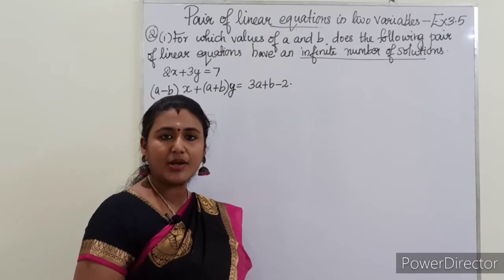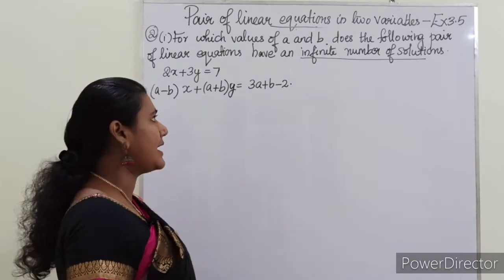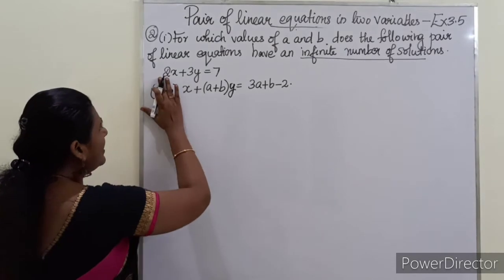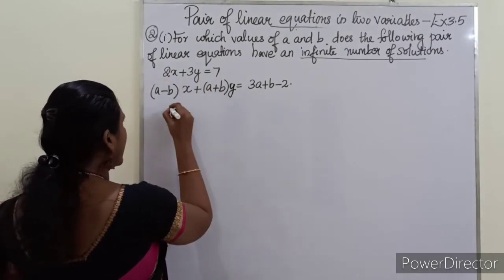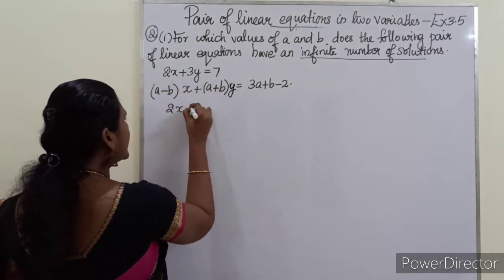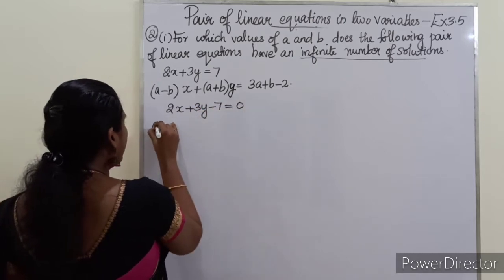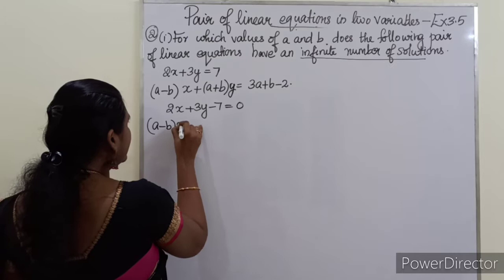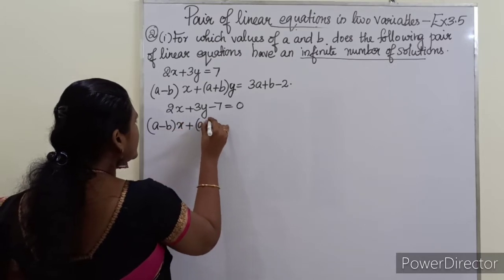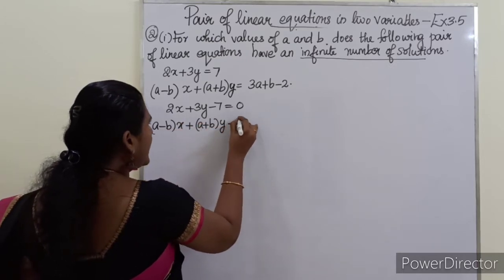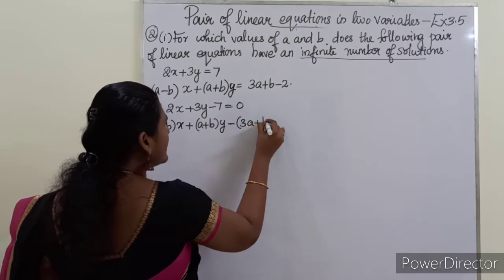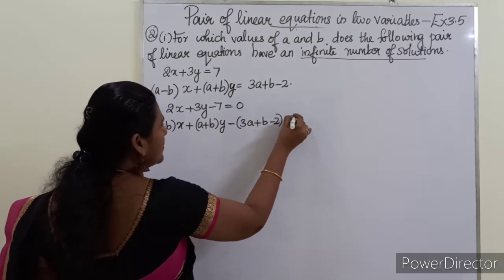Then we have to find out the value of a and b. So first we will rewrite this equation in standard form, that is 2x plus 3y minus 7 equal to 0, and a minus b into x plus a plus b into y minus 3a plus b minus 2 is equal to 0.